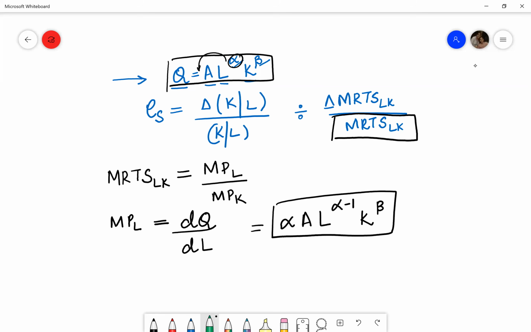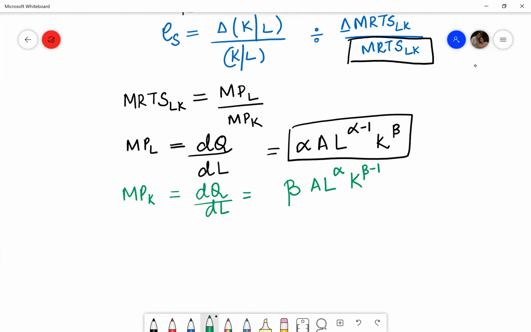Another value, that is your marginal productivity of capital, which is equal to dQ by dK. We'll calculate it in a similar fashion. So this will be equal to beta A L^alpha K^(beta-1).